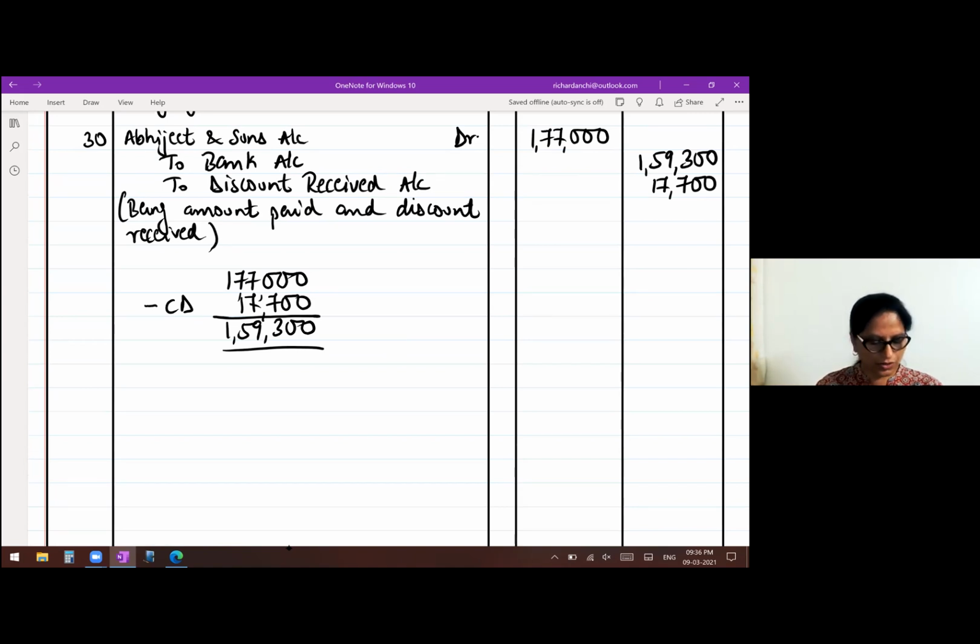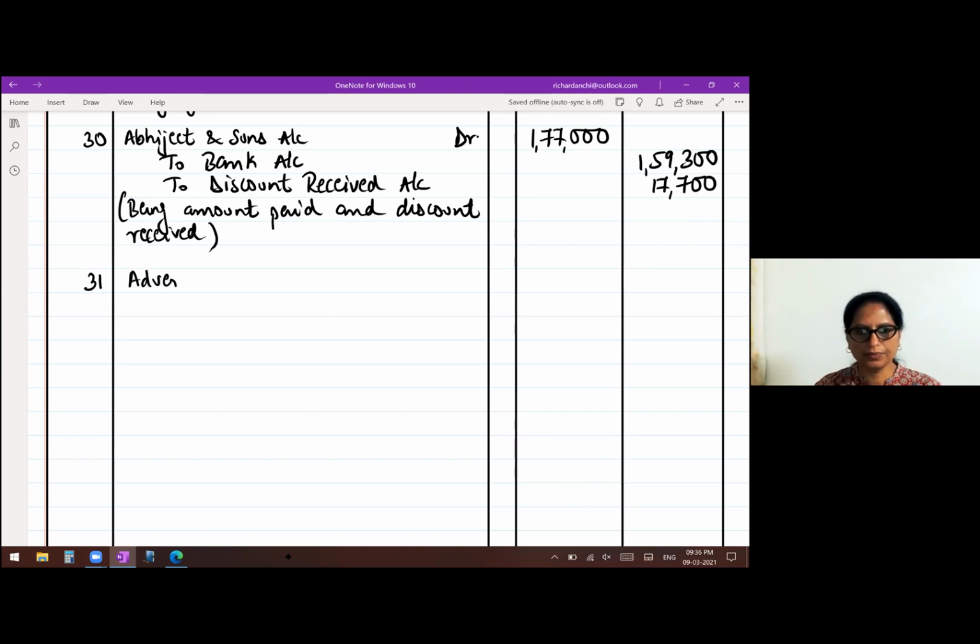In the last entry, 31st, paid for advertisement 8,000 and brokerage 12,000. Now, advertisement and brokerage, both are expenses, both are being paid. So, according to the rule, you will debit the expenses and it is paid by cash. So, write advertisement account debit 8,000.